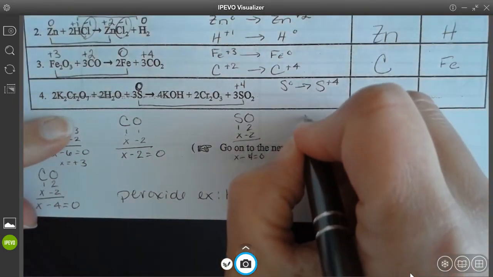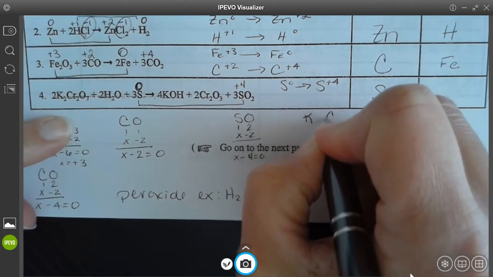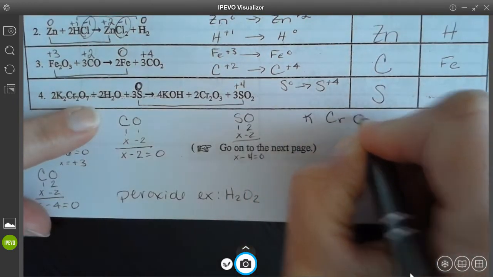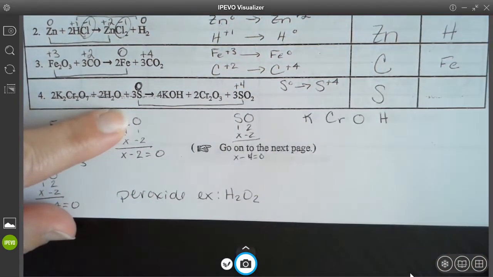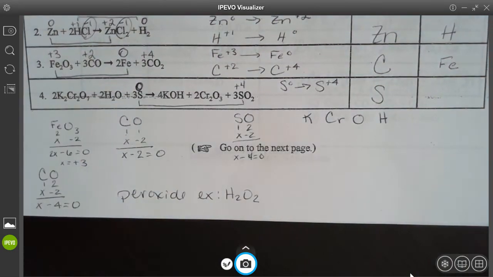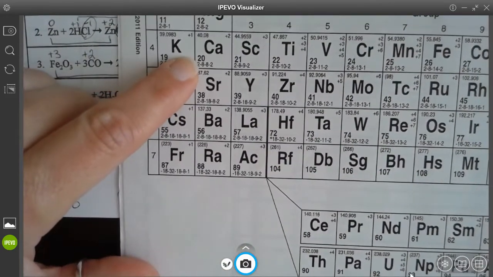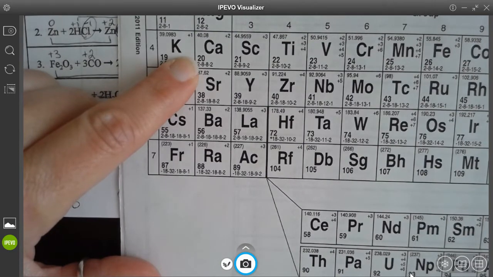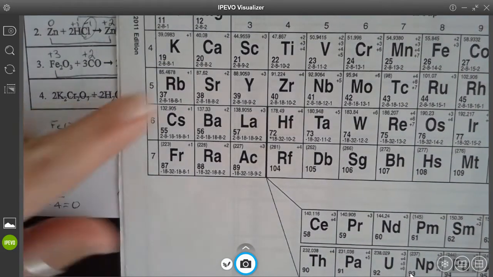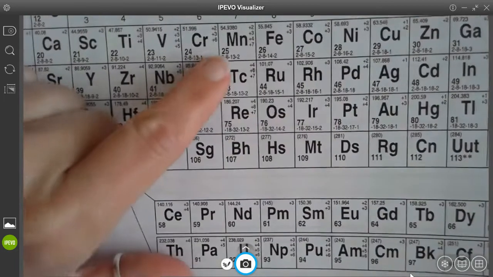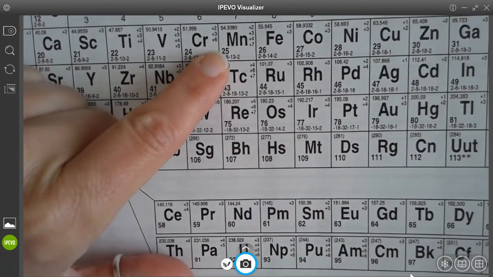Now what we have left is potassium. I'm just going to list them off. Chromium, oxygen, hydrogen, oxygen. Okay, so I'm going to check my periodic table. Potassium only has one possible oxidation state, so chances are not potassium because it's always going to be +1. Chromium, multiple oxidation states.